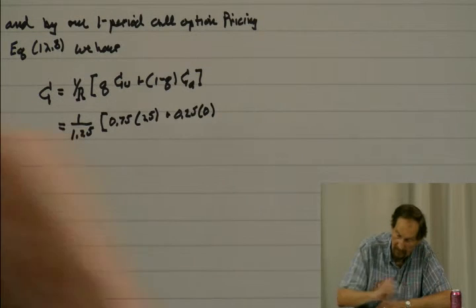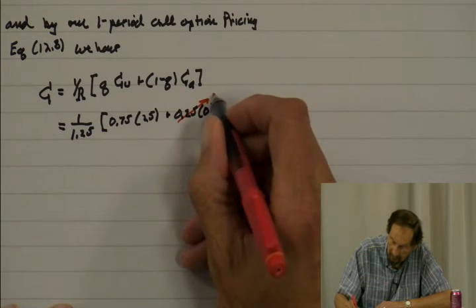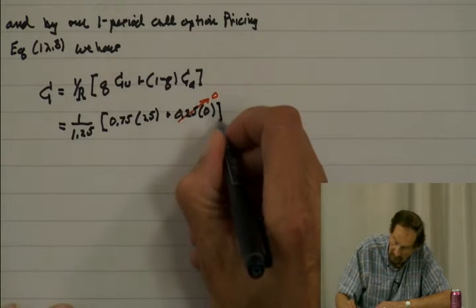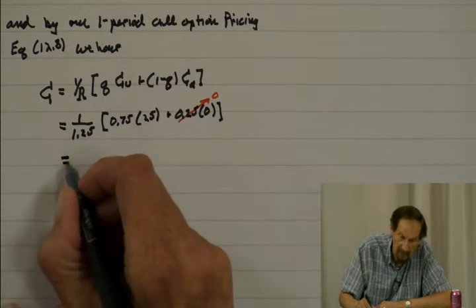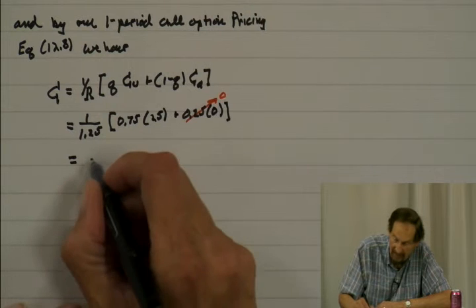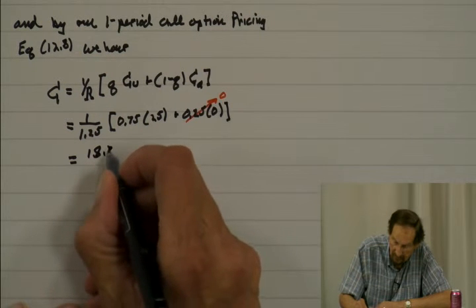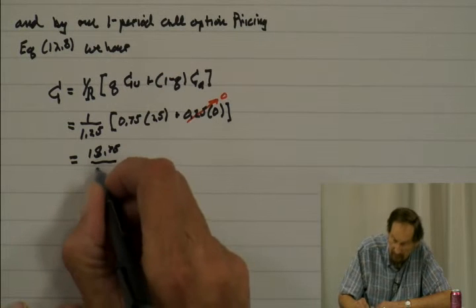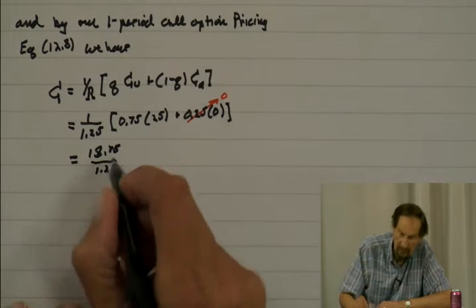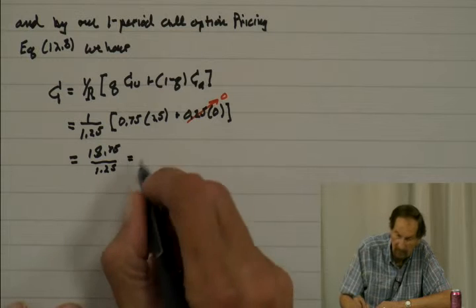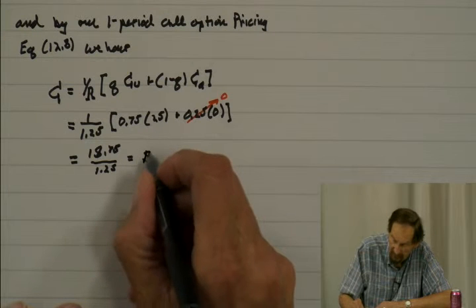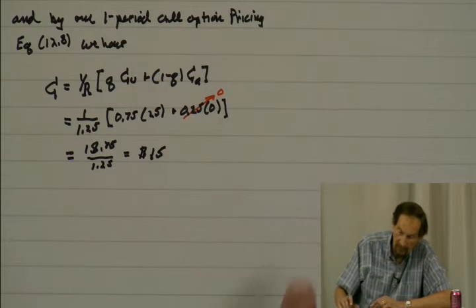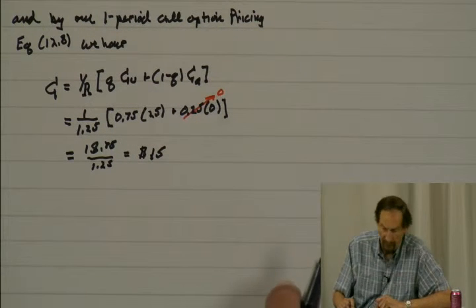So this goes to 0. And we get that this is equal to 18.75 over 1.25, okay, equals $15 if you work this out. So this call option is worth $15.